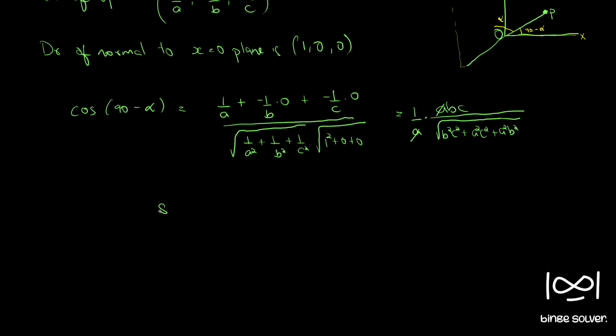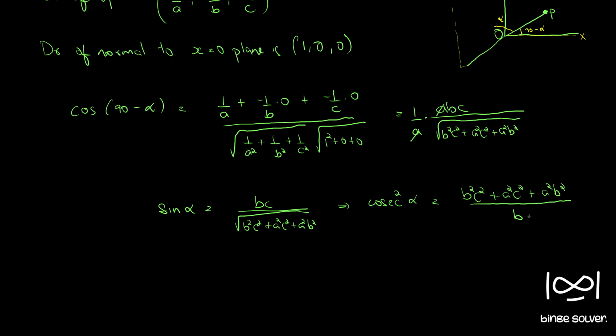Cos 90 minus alpha is sin alpha, so sin alpha becomes bc by root of b square c square plus a square c square plus a square b square. If sin alpha is this, then cosec square alpha is the inverse square: b square c square plus a square c square plus a square b square by b square c square.